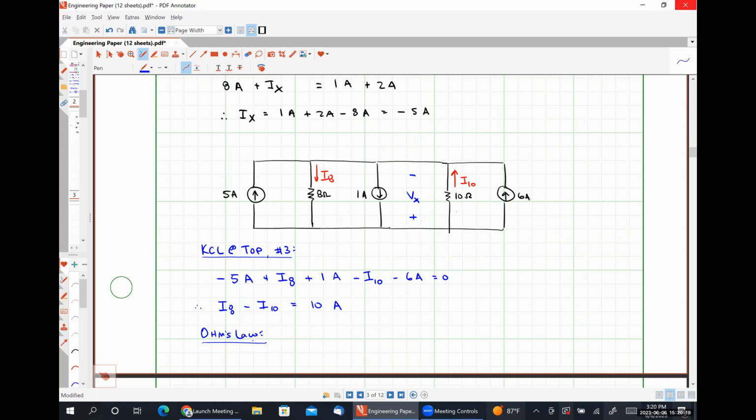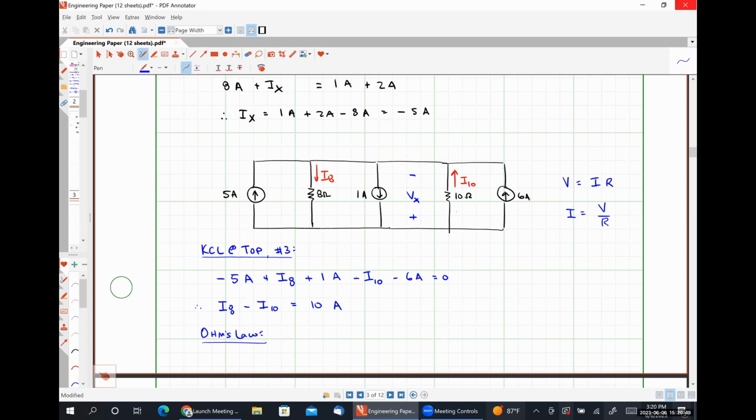Just as a quick aside, Ohm's law is the one you're probably familiar with: V is equal to I times R. Since we're dealing with currents, I'm expecting things to be of the form I is equal to V over R, where we need to pay attention to whether the current is flowing into the positive polarity terminal or the negative polarity terminal.